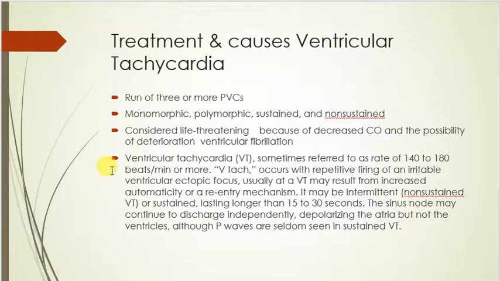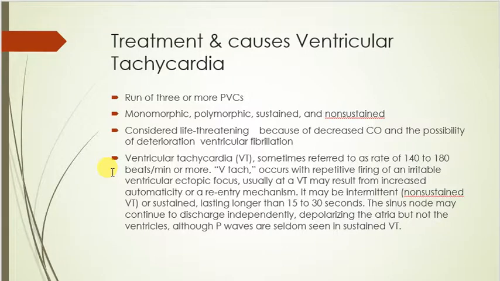Okay, so here we get into ventricular tachycardia, and I'll show you stripped down a little bit. But typically, a run of 3 or more PVCs is considered ventricular tachycardia, but we do not treat that because it may just be based on what we just talked about with PVC.